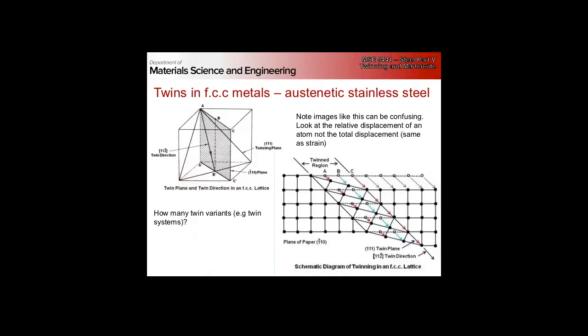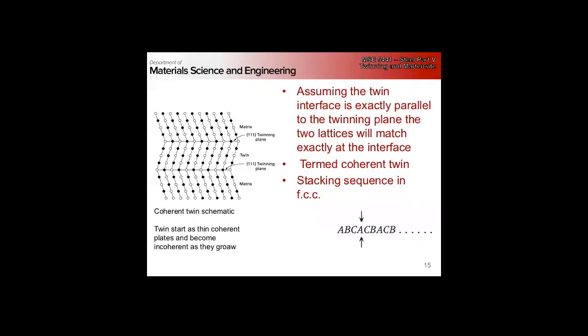How many different orientations you can get by doing 60-degree rotations about 1-1-1, right? And this basically changes the stacking sequence, right? So remember, FCC is ABC, ABC, right?